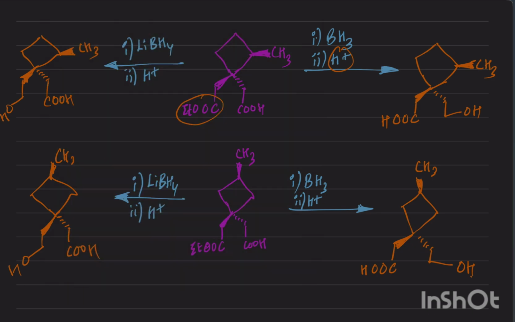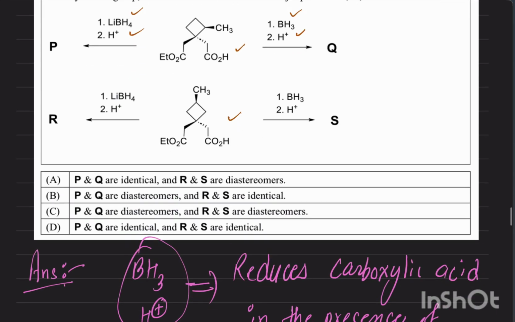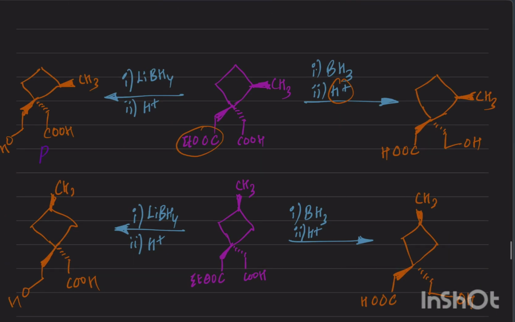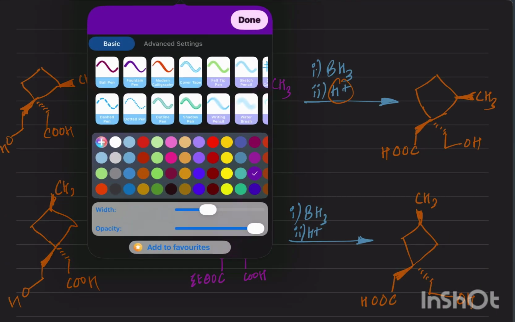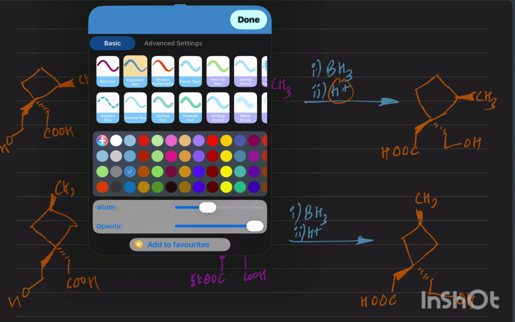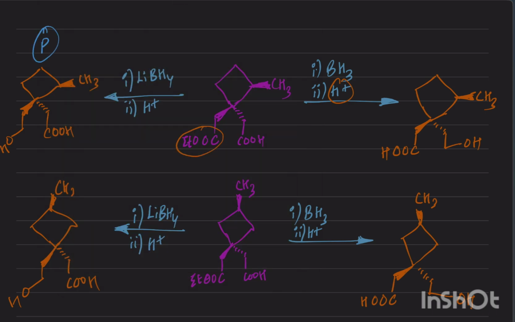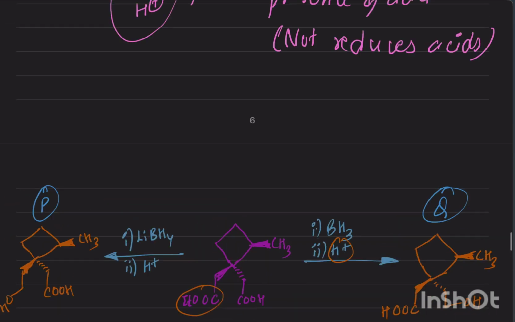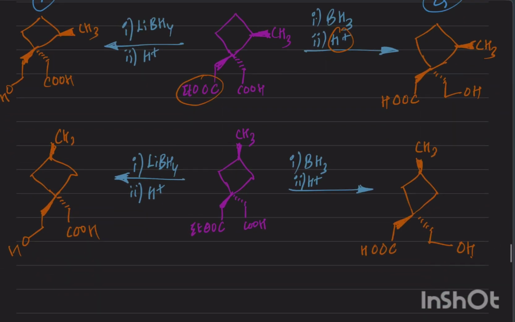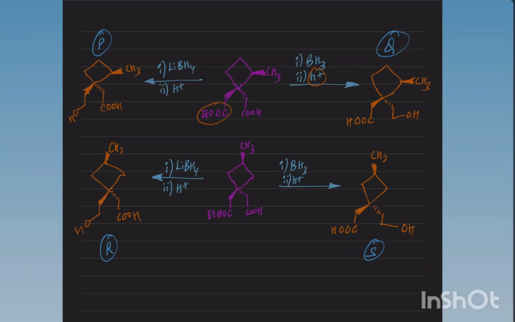So what has been given, if you see here, this is P, this is Q, and this is R, and this is S. What we have to tell is the relation between P and Q. If you see P and Q, in P and Q this center is a chiral center, which has the same stereochemistry.